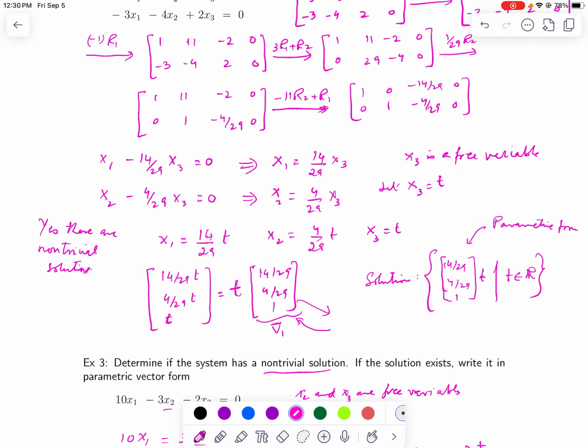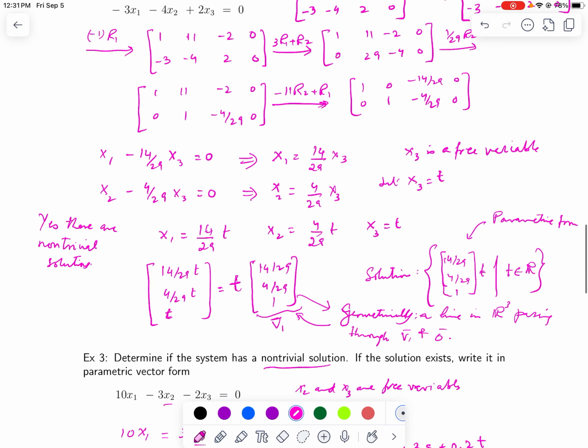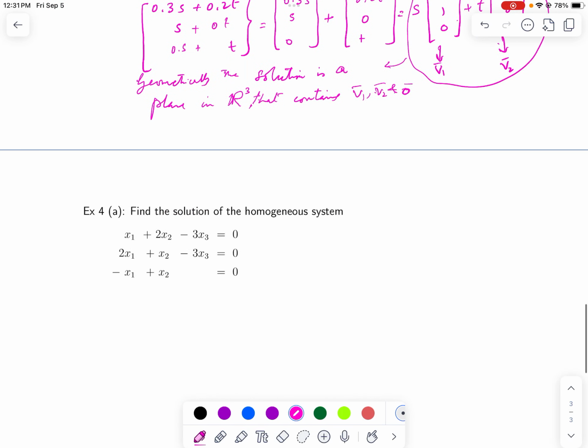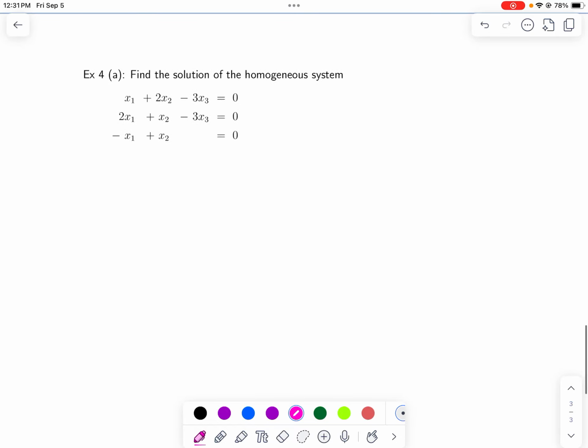So remember, this represents geometrically a line in R3 passing through v1 and 0. I'll stop here and do the next example in the next video.